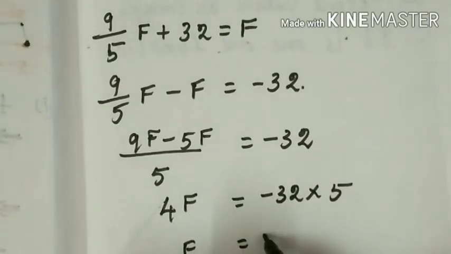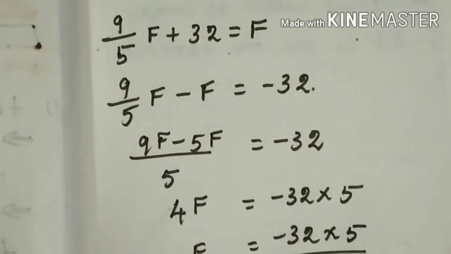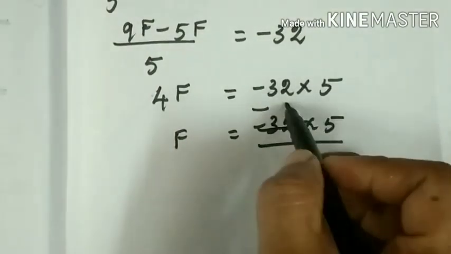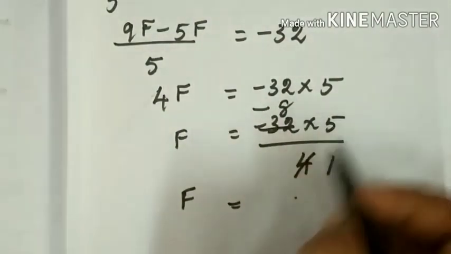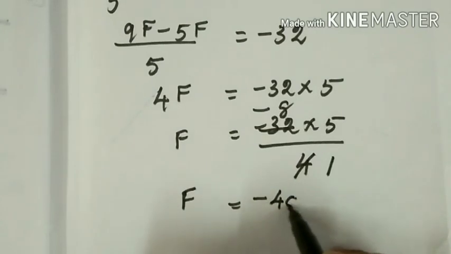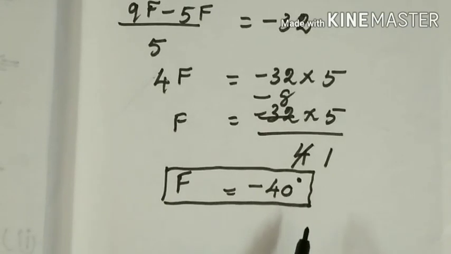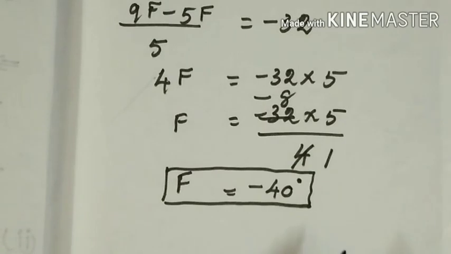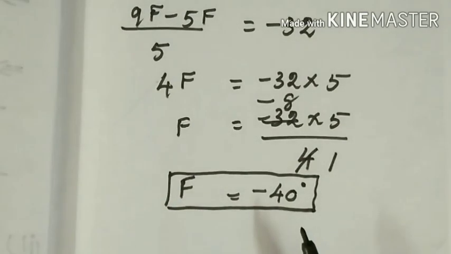Therefore, F equal to minus 32 into 5 by 4. Cancel this: 4 1s are 4, 4 8s are 32. Therefore, the value of F equal to minus 40 degree. At this temperature, the Celsius value is equal to the Fahrenheit value. This is the answer for this subdivision.